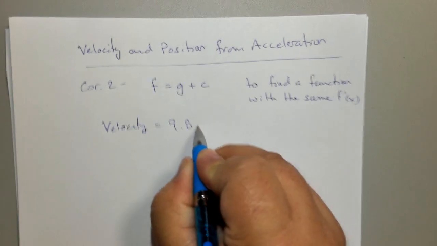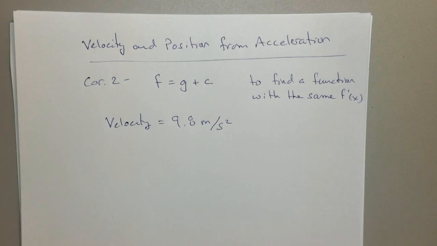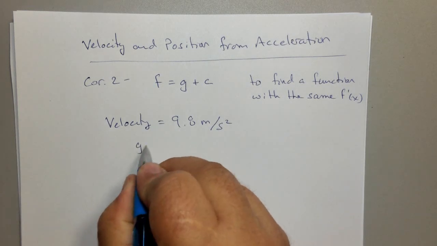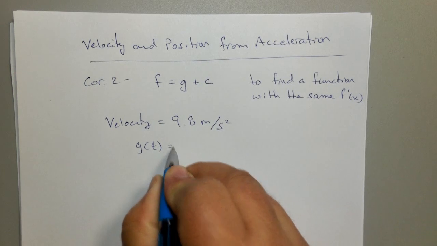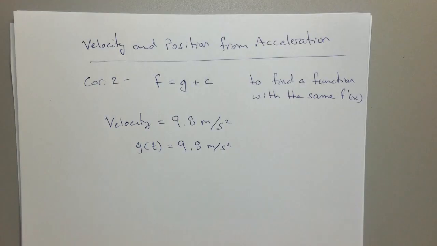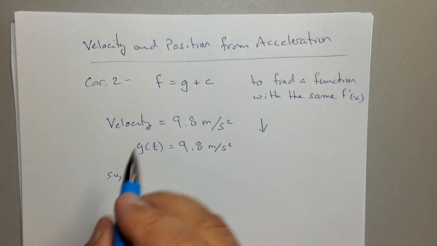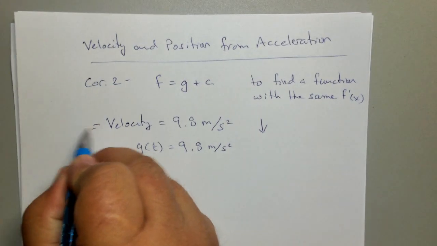Acceleration is 9.8 meters per second squared. That's the same thing as our gravity. It's straight down. That's gravity, so this is our derivative.